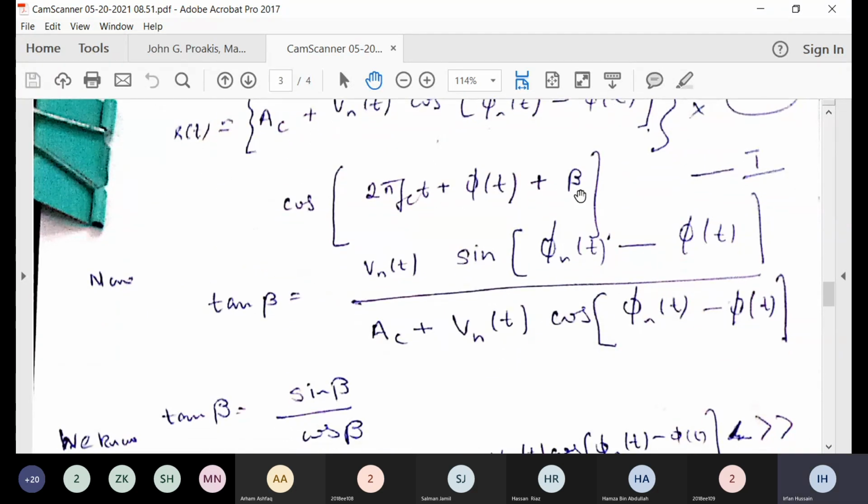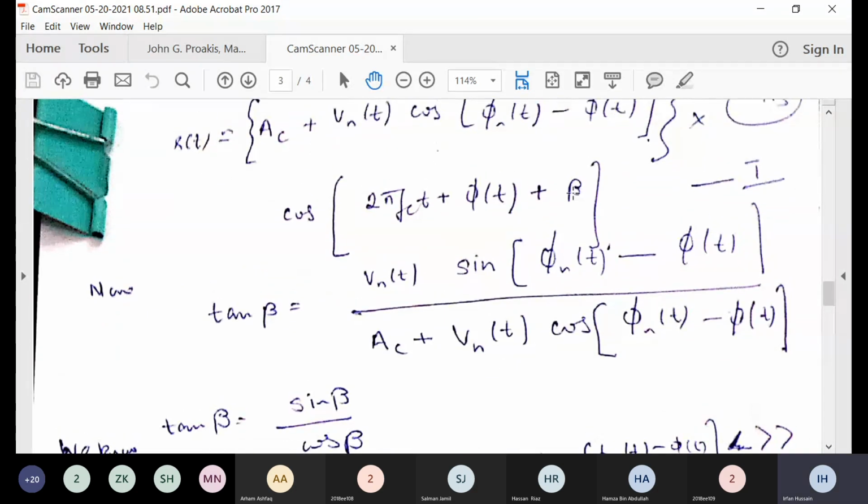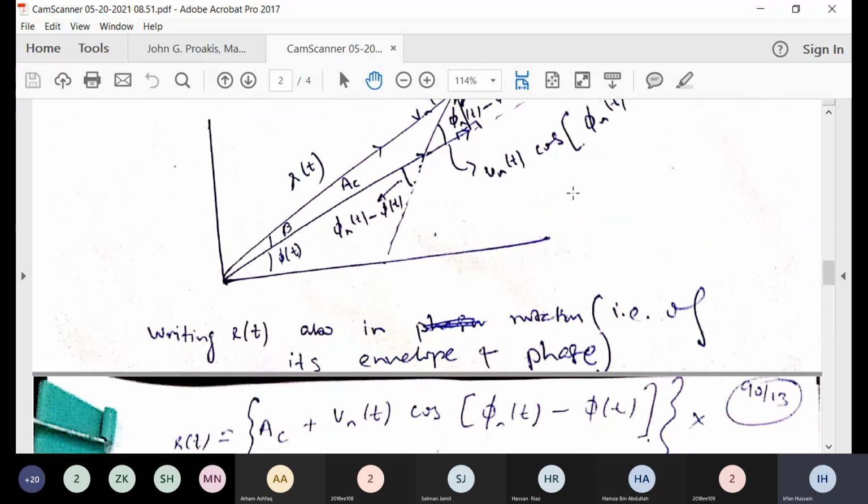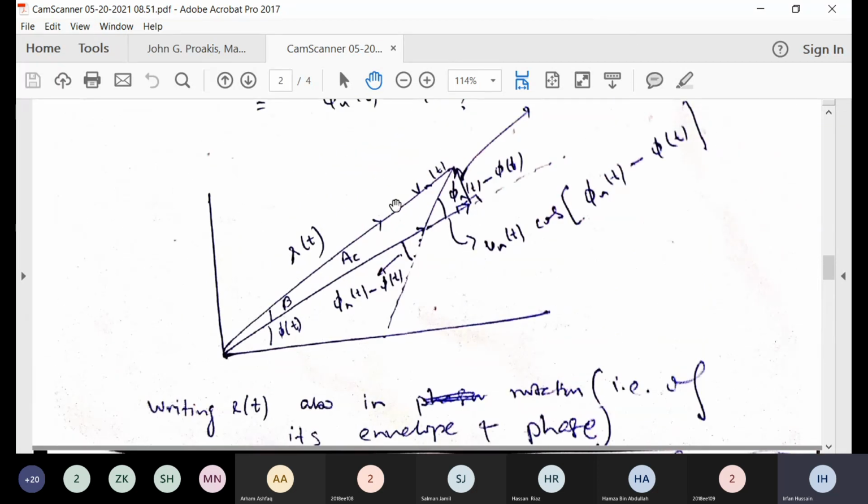Now, how can I find this beta? So we can very well see that this total triangle, because this is a 90-degree angle, is a right angle triangle.